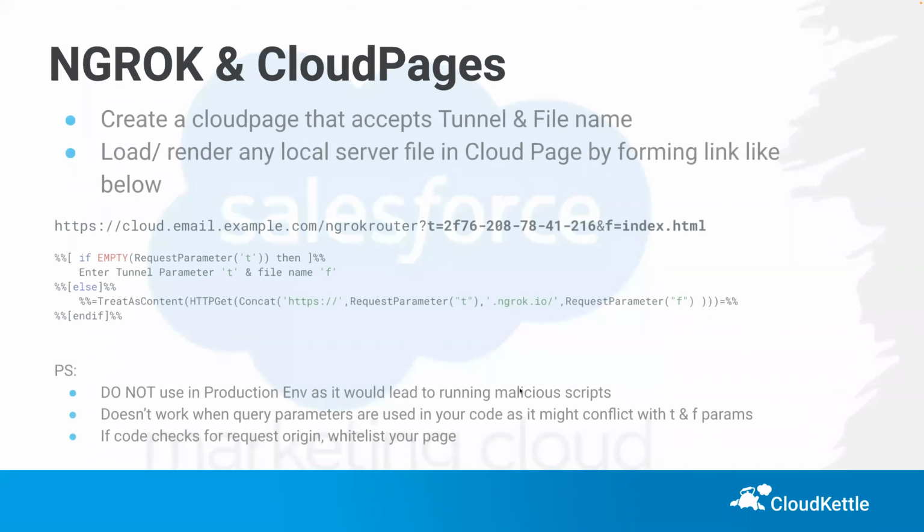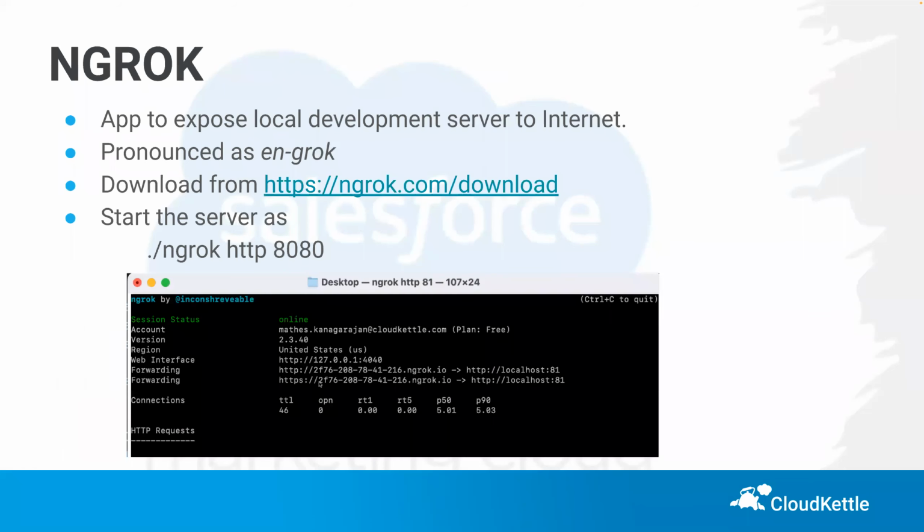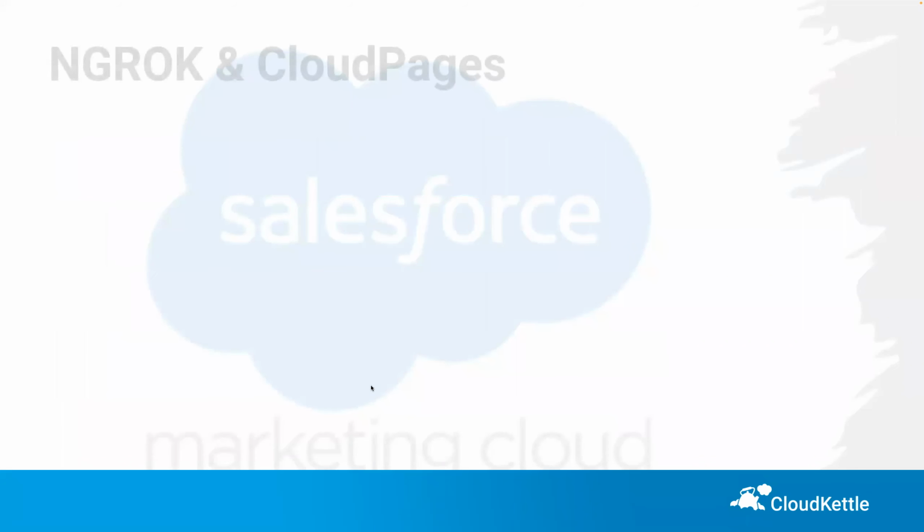Now, for ngrok and cloud pages, the way I used to work is I created this simple script. Typically in any instance or any business unit that I work with, I would go ahead and create a cloud page with this particular piece of code. What this does is it would basically take the tunnel URL. The tunnel URL is the web URL that you get here.